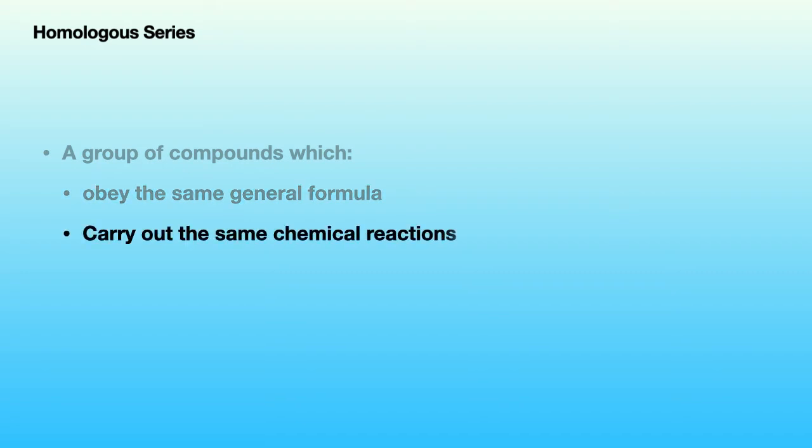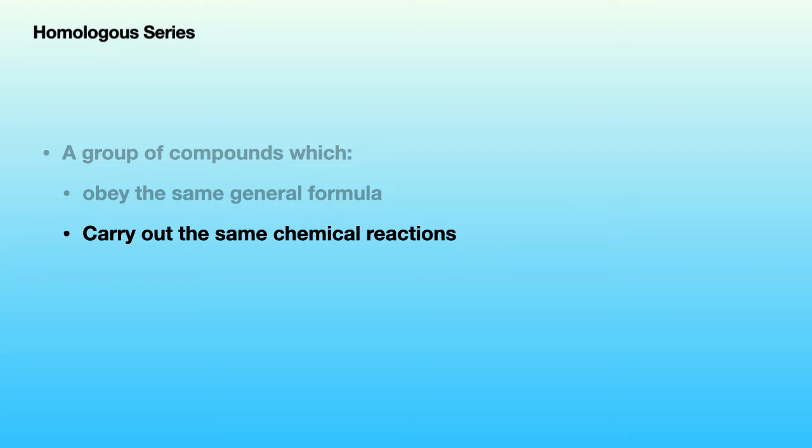Now, I've used the term families of hydrocarbons rather loosely. What I'm really talking about here are called homologous series. Now, a homologous series is a group of compounds which all follow the same general formula, and they carry out the same chemical reactions.